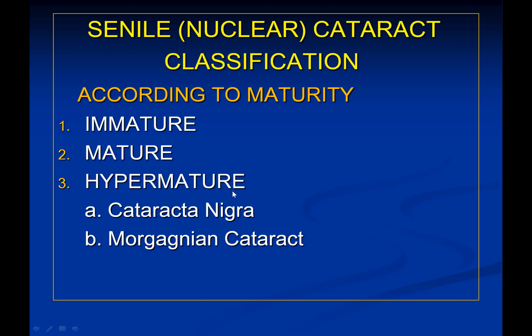Now, what is hypermature cataract? Once the cataract is not operated on time and is delayed by the patient due to whatever reason, then it will convert into cataracta brunensis and cataracta nigra. And the other variety is Morgagni cataract, we will discuss soon.